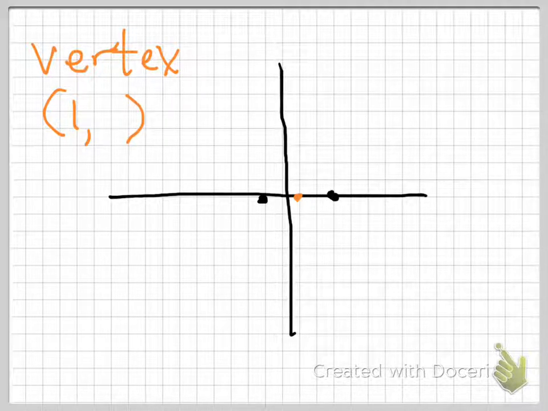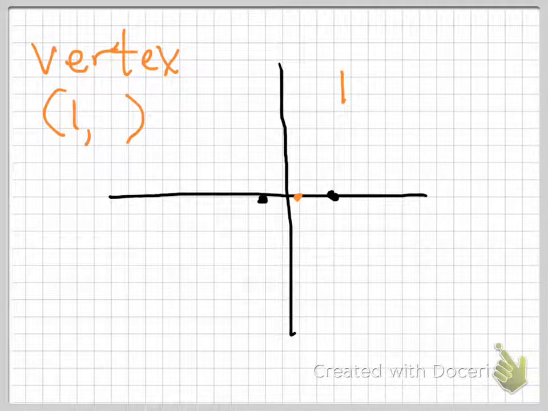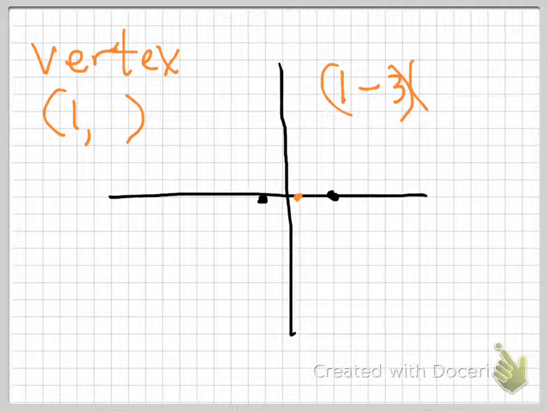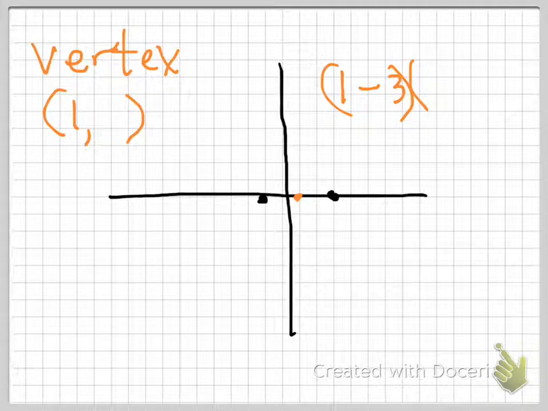Well, how do you find the y? Well, you go back to your original equation and you plug in the 1 for the x. So it's 1 minus 3, and then it's 1 plus 1.